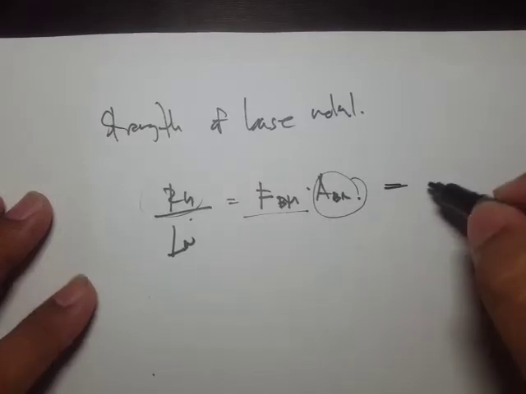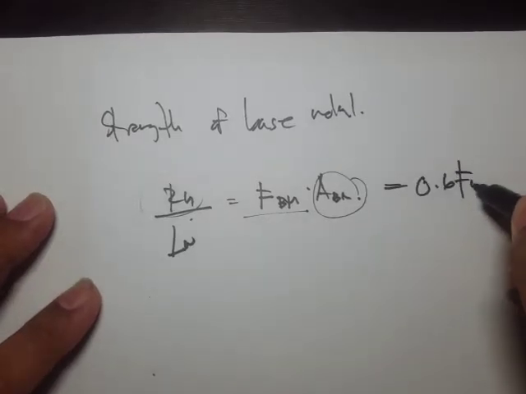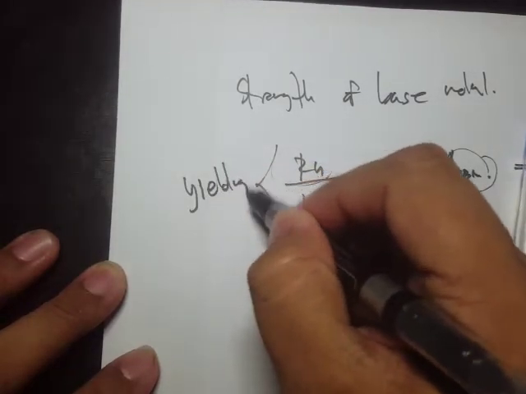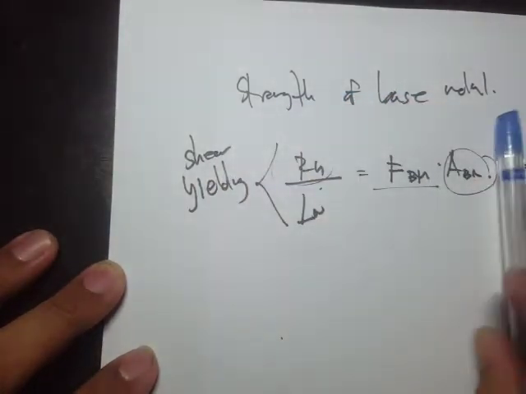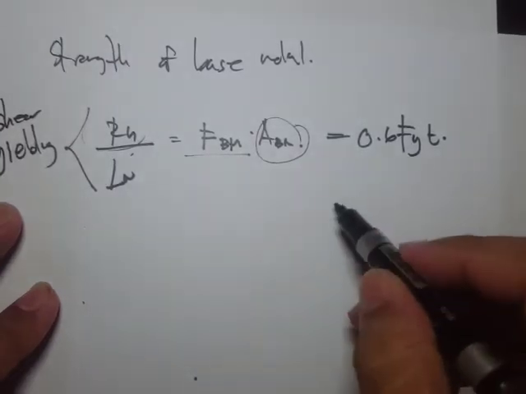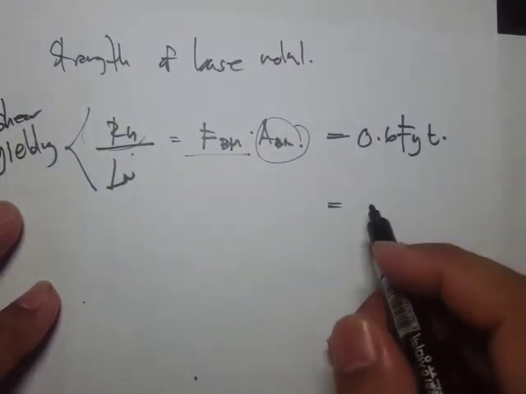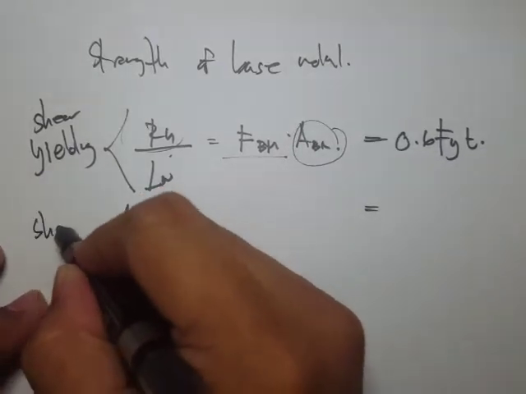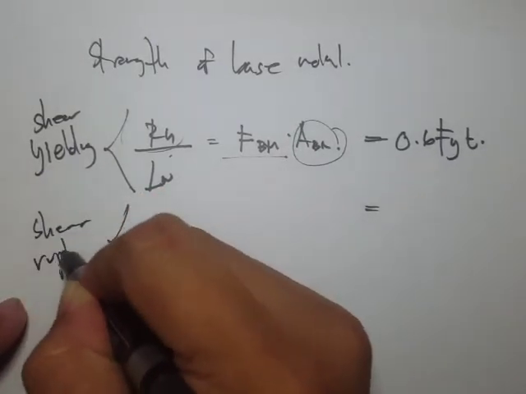We can rewrite this as 0.6 FY T, and this one is for yielding. Take note, shear yielding. And this one is for the shear fracture, shear rupture or fracture.